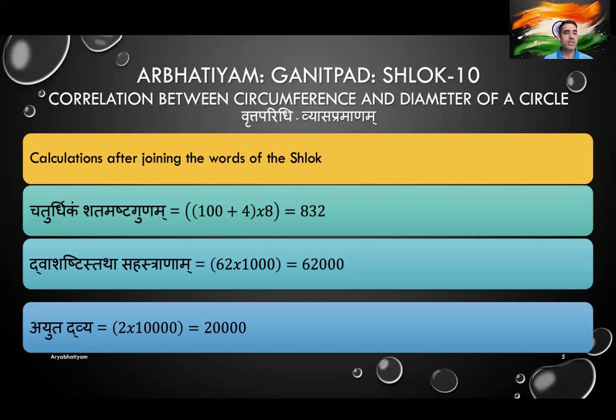Here it is saying Chaturdhikam Shatam. You first add 4 to 100 and then multiply it by 8. So that becomes 832. Then you do Dva Shashtis Tata Sahasranam. You multiply 1000 by 62, which is 62,000, and then add them, which becomes 62,832. In the second calculation, you do Ayuta Dvaya. That means you multiply 2 by 10,000.